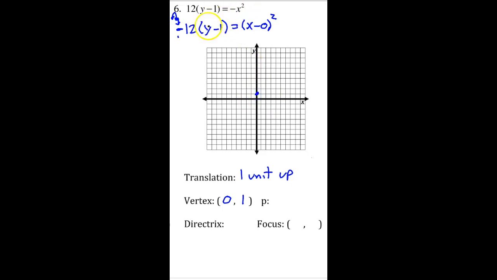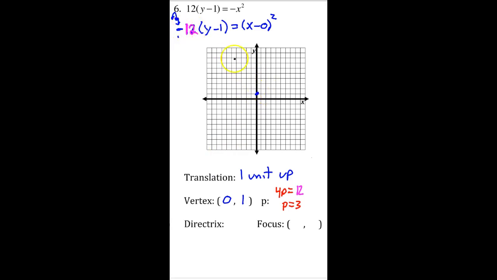And we got an LLR of 12. So I'm going to have 4p equal to 12, which means the p-value is 3. So I'm going to go 3 up and 3 down to get the directrix and the focus.